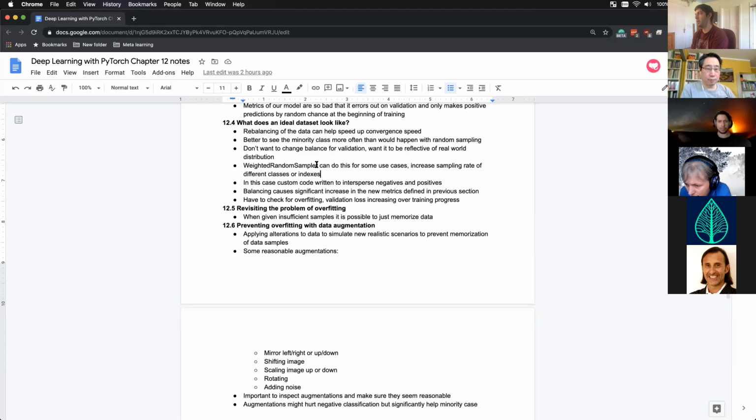But the general premise is you can give weights to different classes, or you can give weights to different indexes. So you can explicitly say, I know that these certain rows are interesting, or that the positive class is more interesting than the negative class. And you can essentially change the prevalence of the different classes or rows.